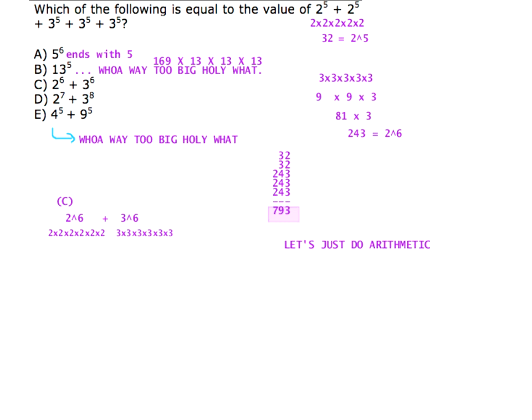I already found out that that's 32, and I already found out that that is 243. So sure, that's 64, that's 729. And, oh, look, I win. It's definitely a thing. You can do arithmetic here.